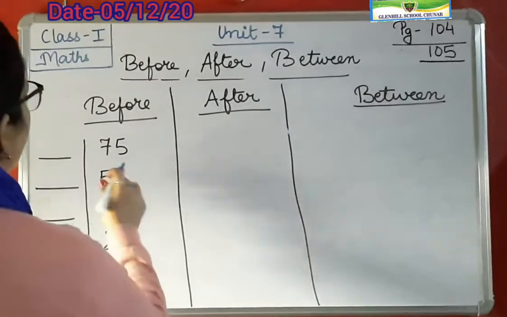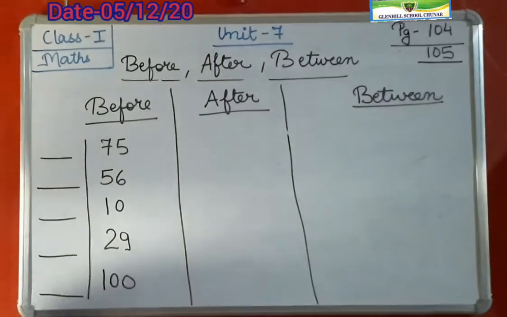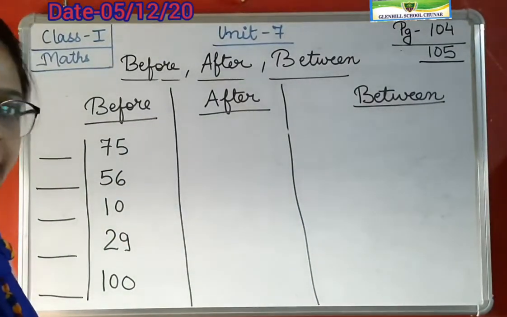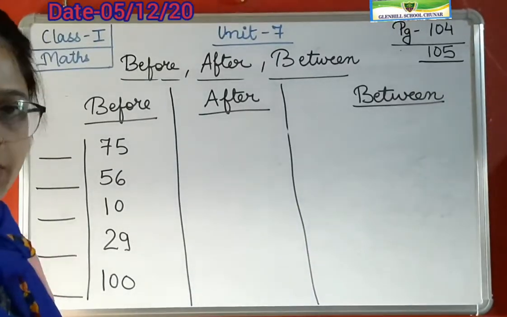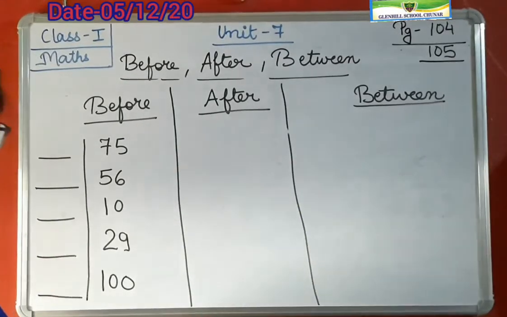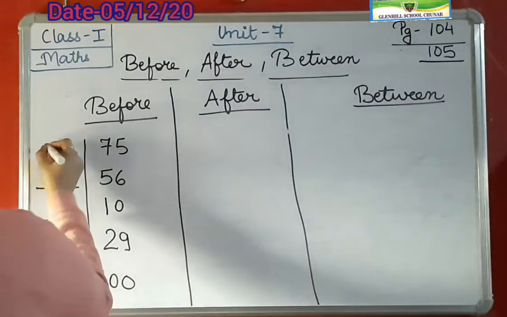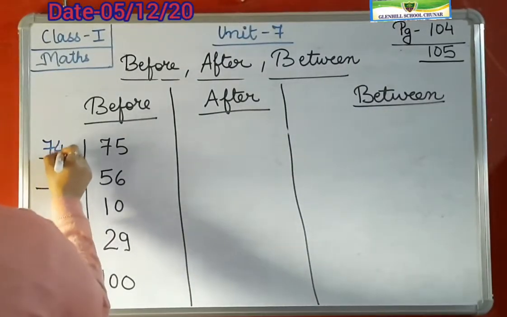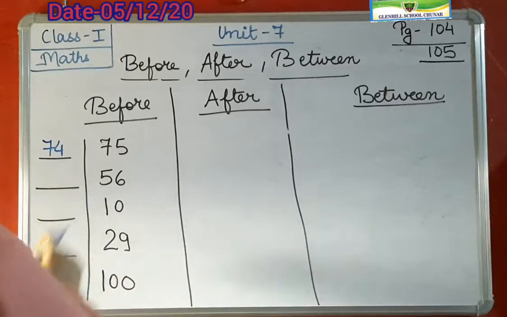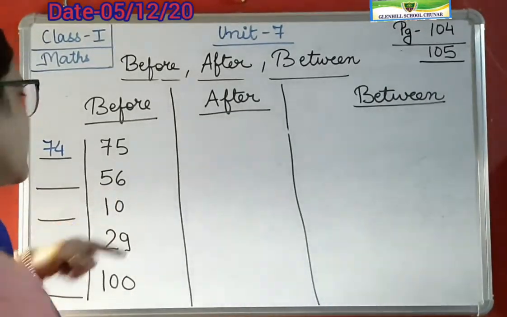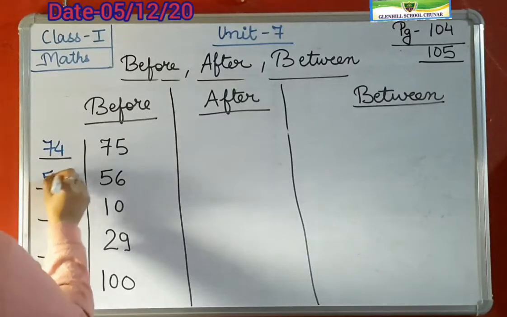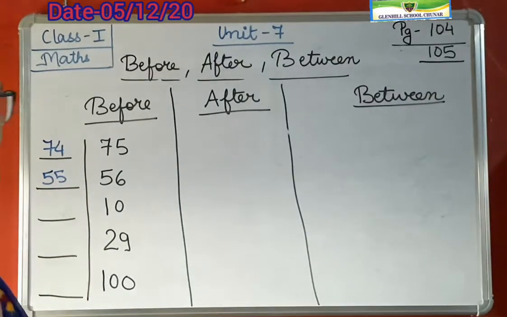So see here, before 75. Which number comes before 75? 75 से पहले कौन सा number आता है? So you all know that? Yes, it is 74. Very good. Now, which number comes before 56? It is 55. Very good, students. I know you all know this very well.